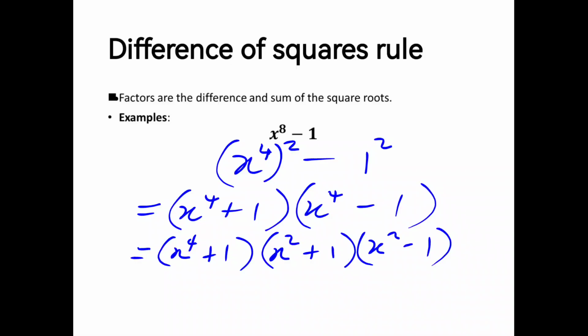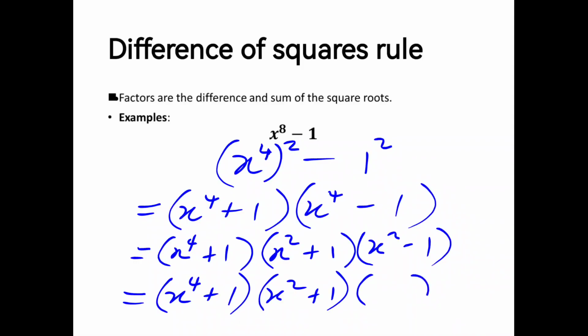Also, the last one, x squared minus 1, is a difference of squares. Therefore, we can use the same definition of factorizing. So it's x to the power 4 plus 1, x to the power 2 plus 1, and then replace this with 2 brackets, x plus 1, x minus 1.